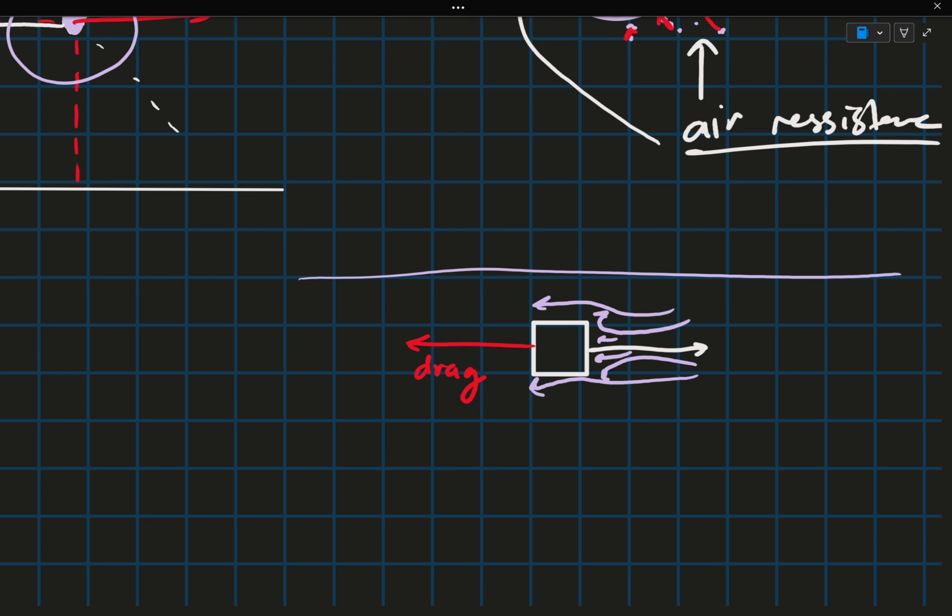So when we're looking at the drag that an object experiences as it moves through a fluid, we have to determine what the fluid is, what the density of the fluid is, and what the viscosity of the fluid is. If it's moving through air, it will experience some air resistance that is less resistive than the drag it will be experiencing in water.